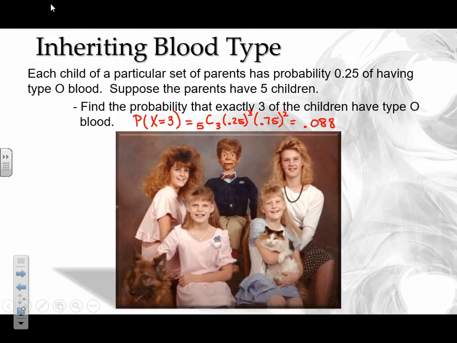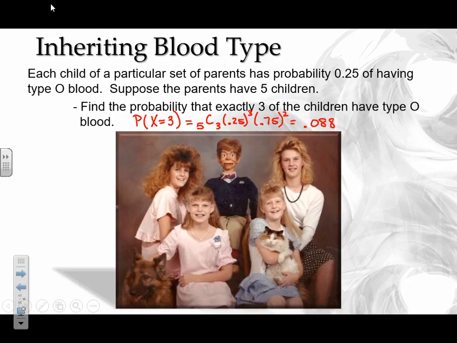So when it says in 10 trials, what's the probability that you get exactly 6 successes? Exactly 6 means a very specific number of successes. That's a PDF problem.